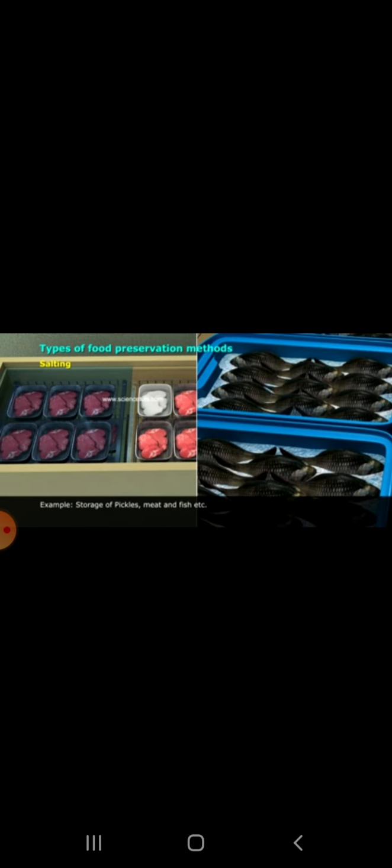Next method is salting the food. Salt and sugar both help in preservation of food material. The method of adding a sufficient amount of salt to preserve food is called salting.